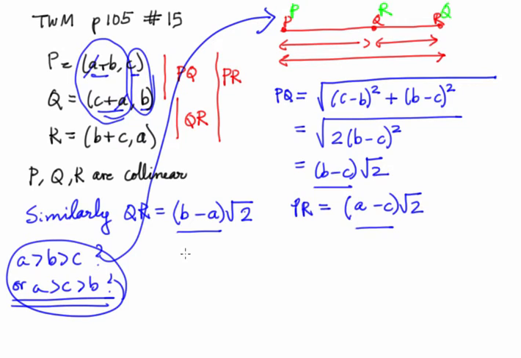But in any case, it's now quite easy to see that PQ is equal to b minus c into root 2 and PR is equal to a minus c into root 2.